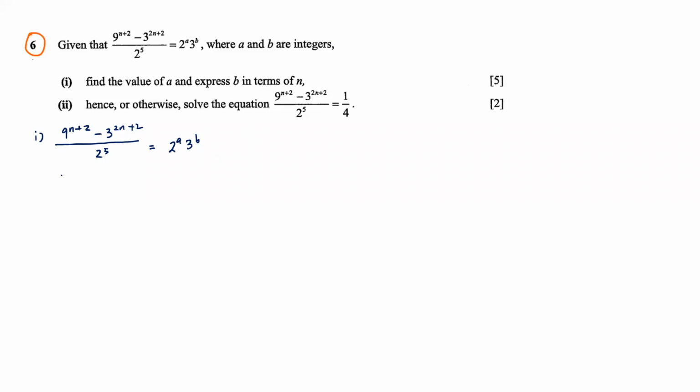All right. So looking at the left-hand side, you realize that the base of one of the digits is 9, right? The other is 3. 9 is equal to the square of 3. So what we could do is manipulate this first term.